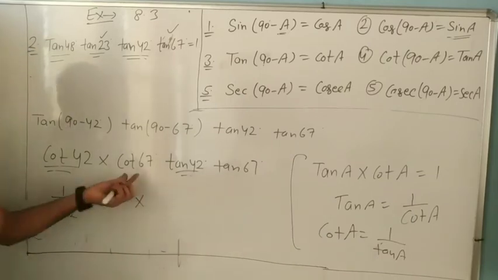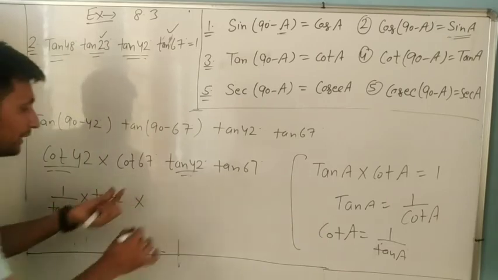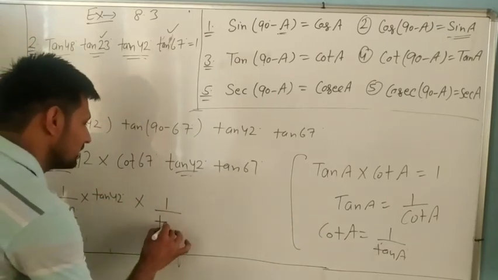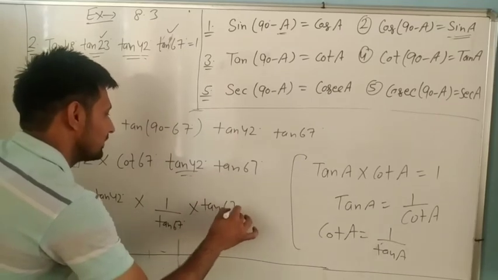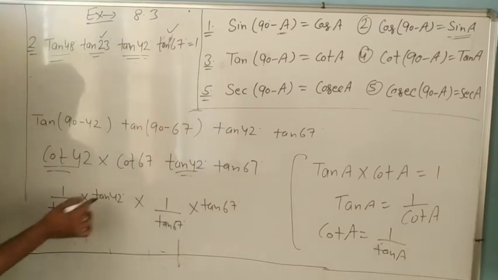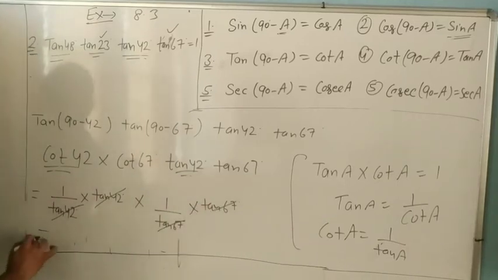Multiply. Again you can change. Cot is the opposite of tan. It means tan 67, it is tan 67. Look at, tan 42, tan 42, tan 67, tan 67. What is the answer? Answer is 1. Understand here?